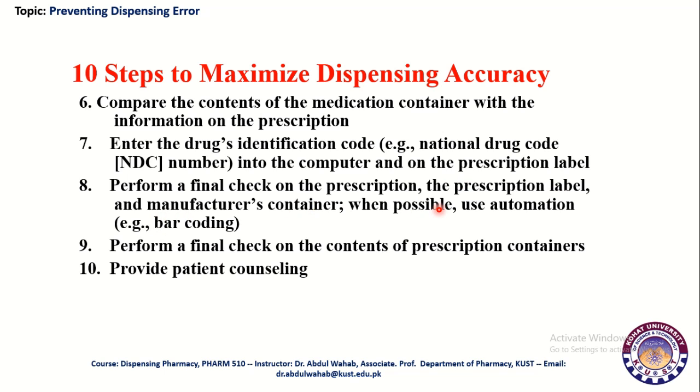When possible, use automation barcoding. 9. Perform a final check on the contents of prescription containers. Last one, provide patient counseling. Patient counseling is a must. If you want to reduce prescription errors, the pharmacist must give advice, must counsel the patient.